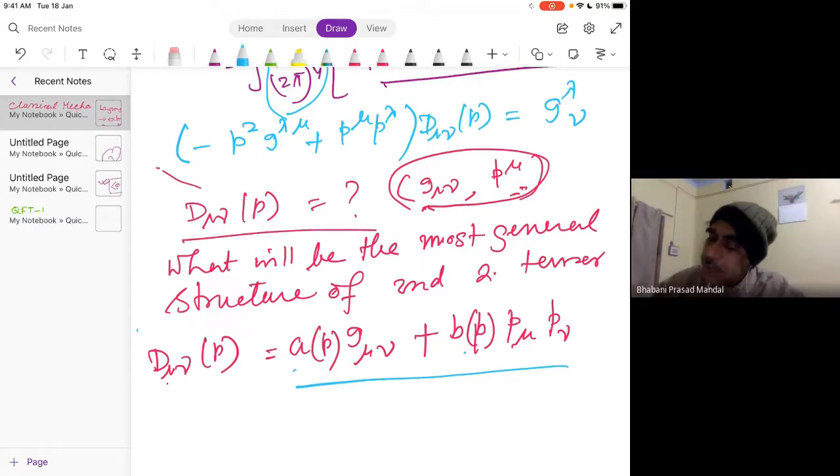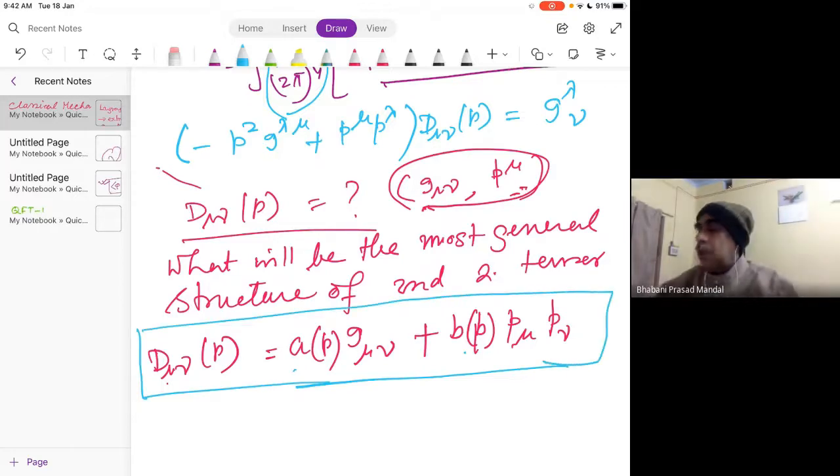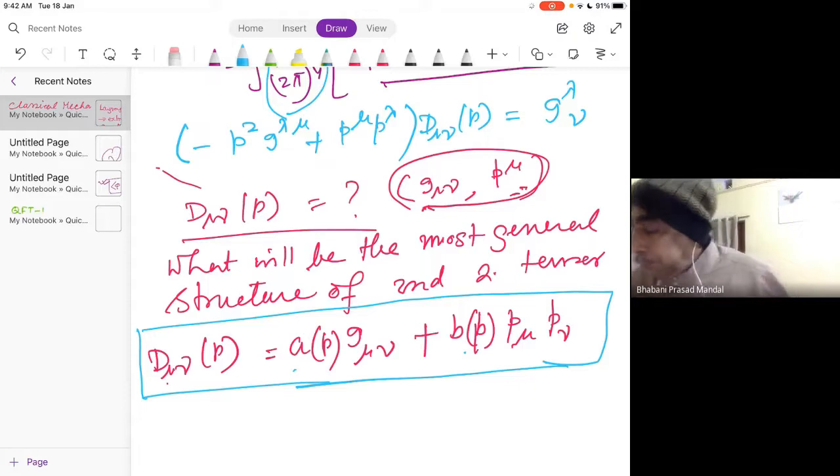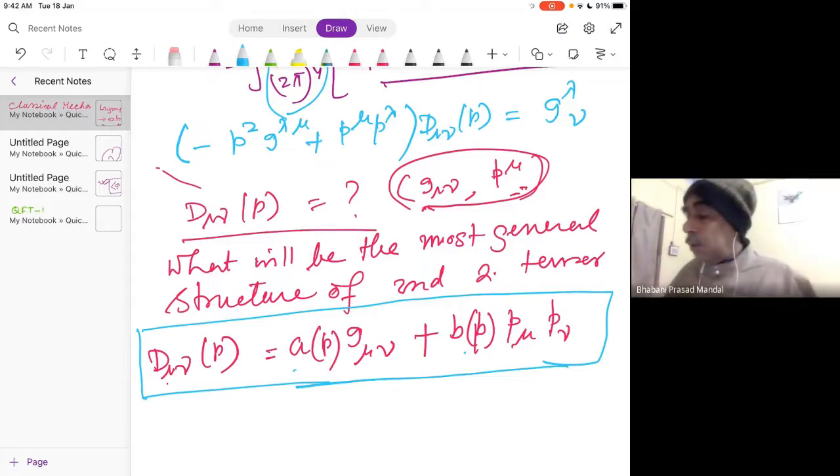Does anybody have any doubt about that? This is the most general structure, and this argument is important. If you have this structure, then you can put it here and compare left hand side and right hand side to find this propagator.